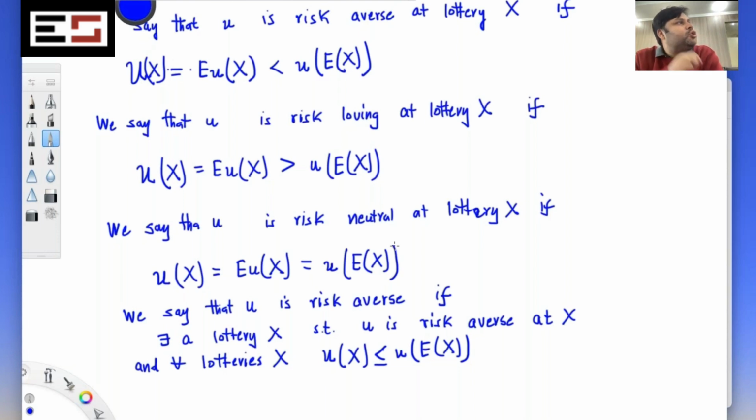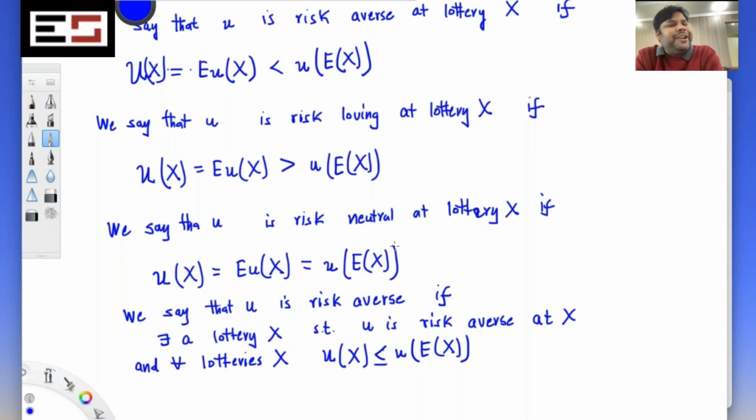So basically, those individuals who weakly prefer the lottery to their expected value, and at some lottery strictly prefer the lottery to its expected value, we call such individuals risk loving.